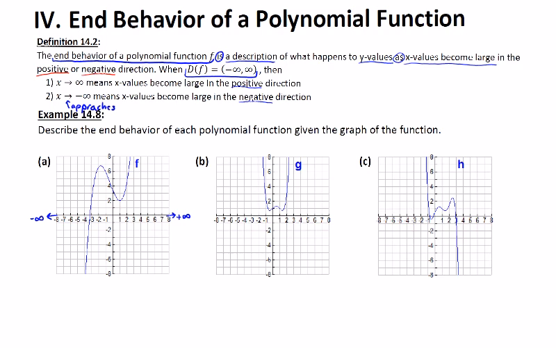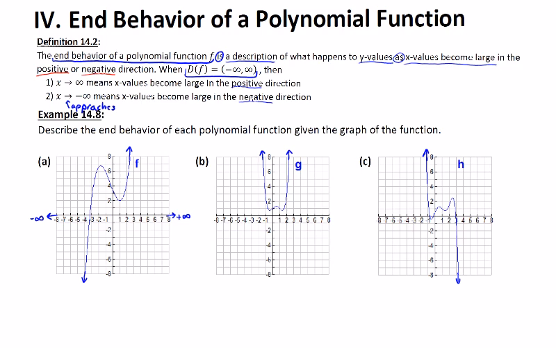The end behavior of the graph is represented by the arrows from the curve that are going off the window. Each one of these pictures has two arrows, one on the right-hand side and one on the left-hand side. So we're going to write a statement to go with each arrow describing where we are going off of the window.